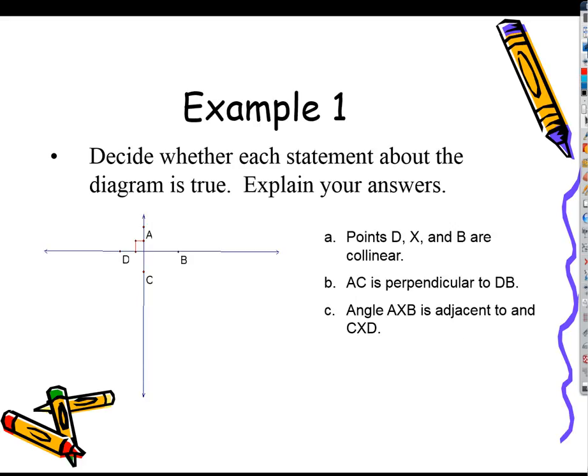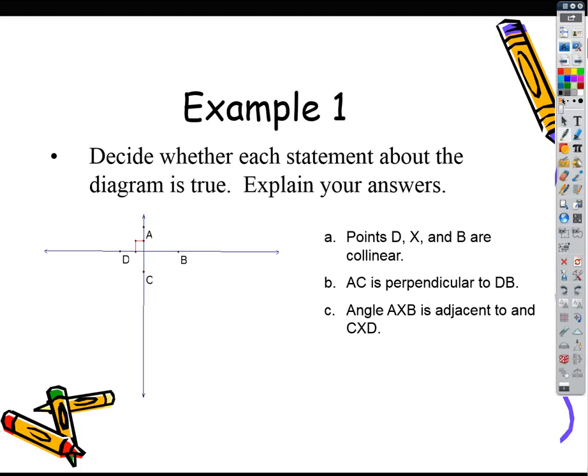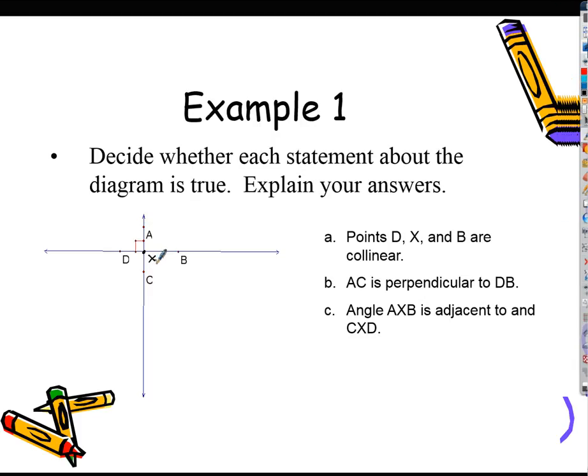So real quick, there's an X on here. X is the intersection. What do you think? True or false? Points D, X, and B are collinear. Yeah, they are. Is AC perpendicular to DB?